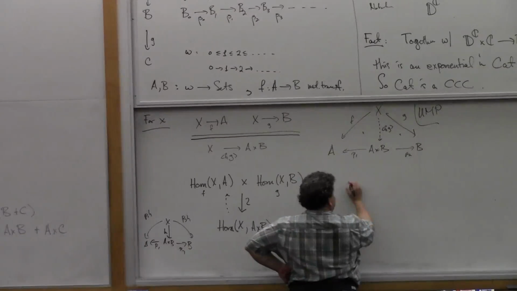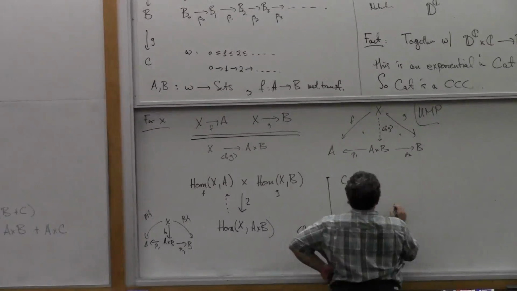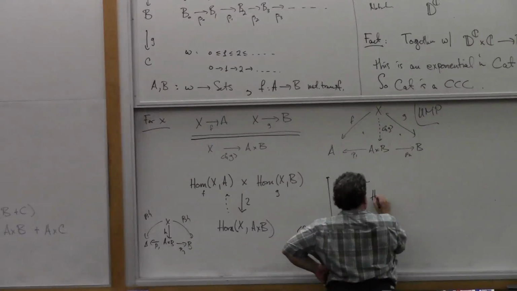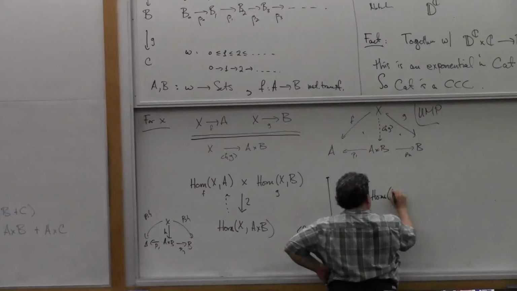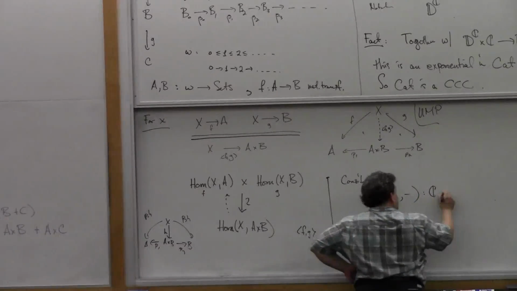So let's consider this representable functor here, Hom(X, -), from C into Sets.